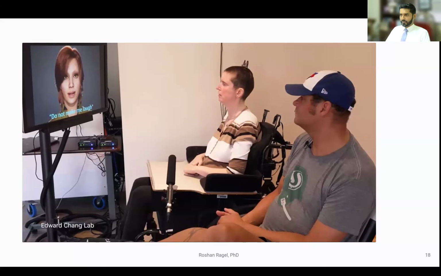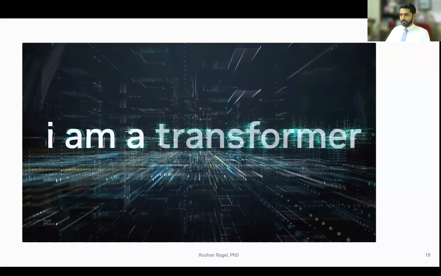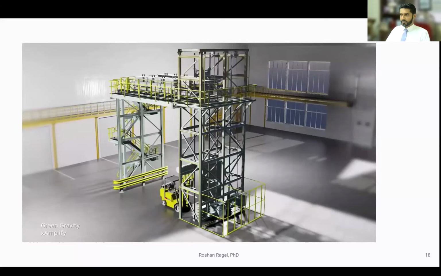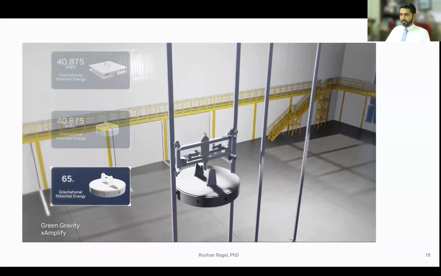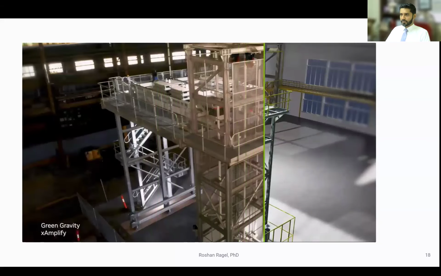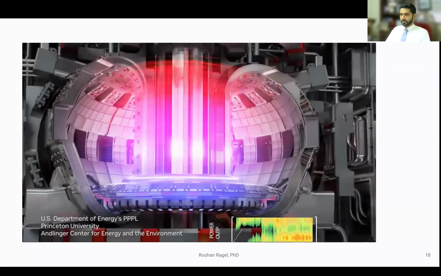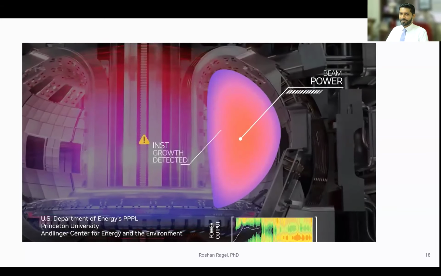I am a transformer, harnessing gravity to store renewable power, and paving the way towards unlimited clean energy for us all.